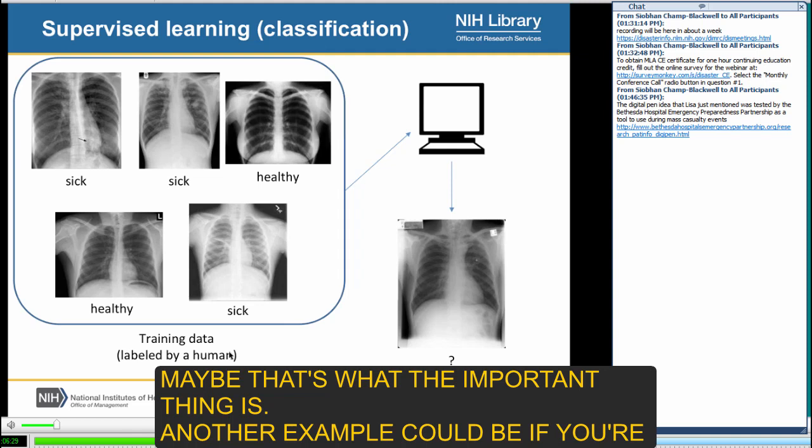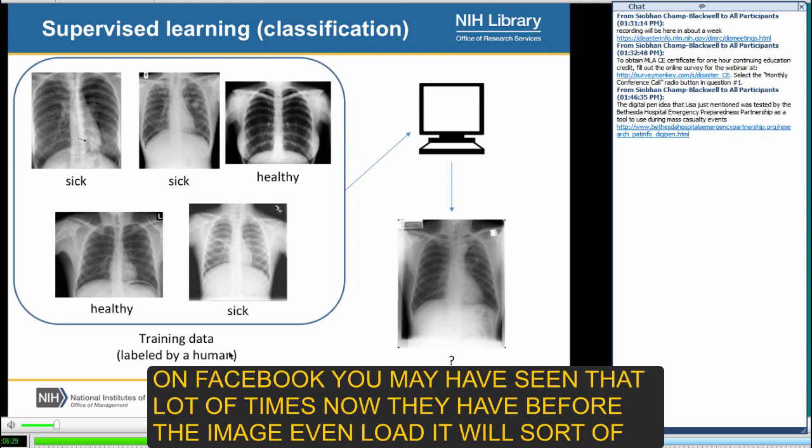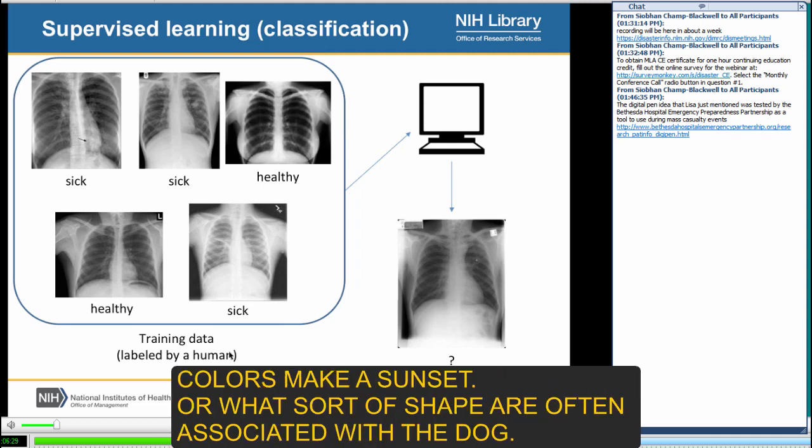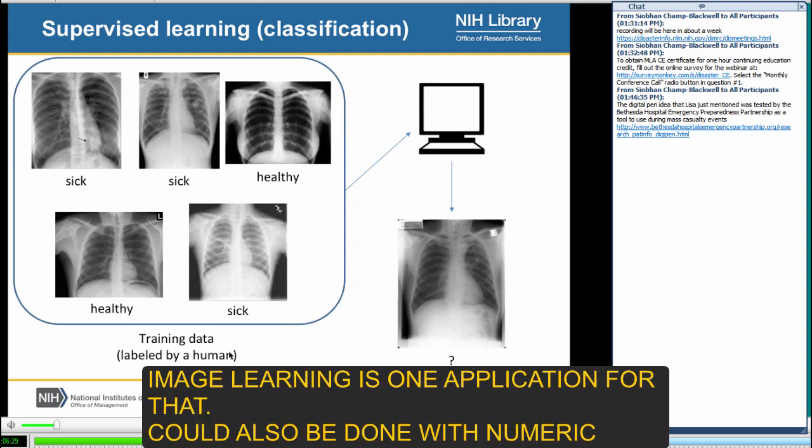Another example could be, if you're on Facebook, you may have seen that a lot of times now, before the image even loads, it'll sort of know what it is, like, oh, that's a picture of a dog, or that's a picture of a sunset. So it's sort of learned what colors make a sunset, or what shapes are often associated with a dog.